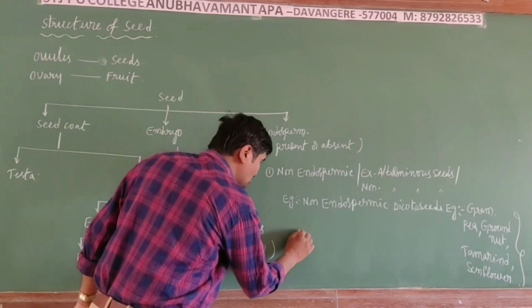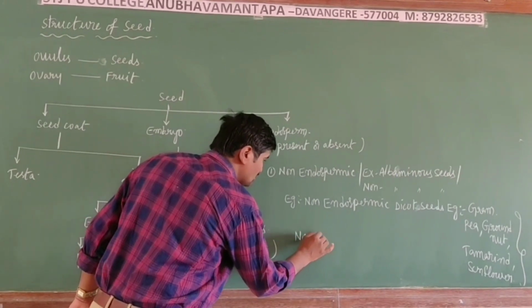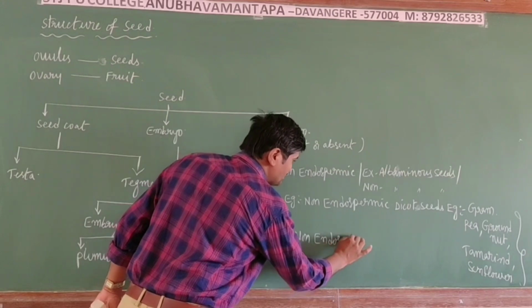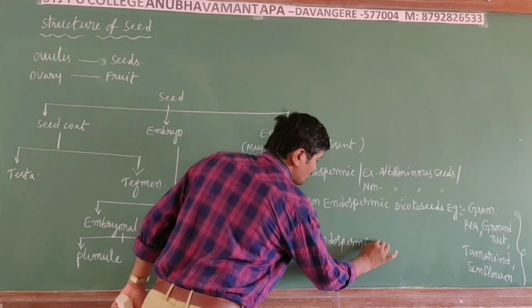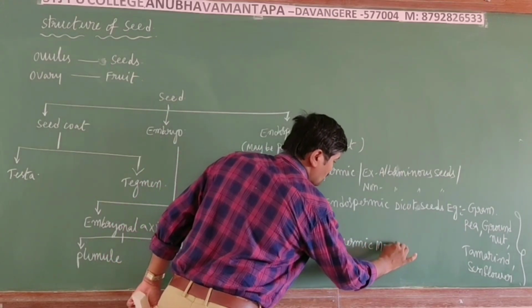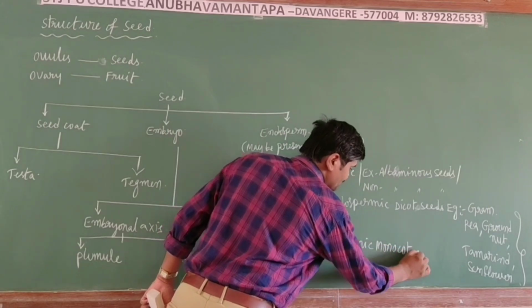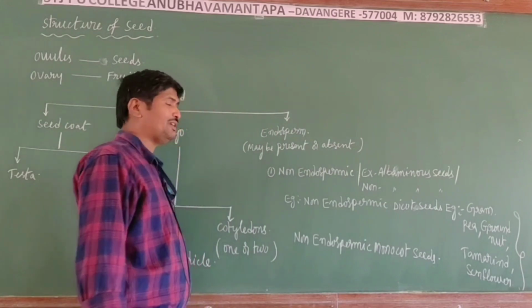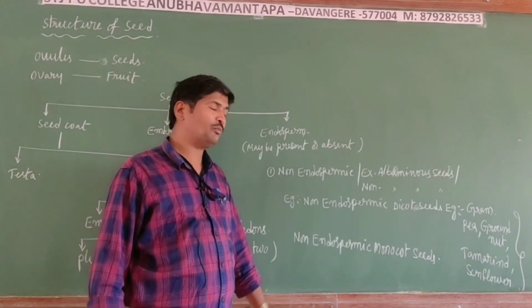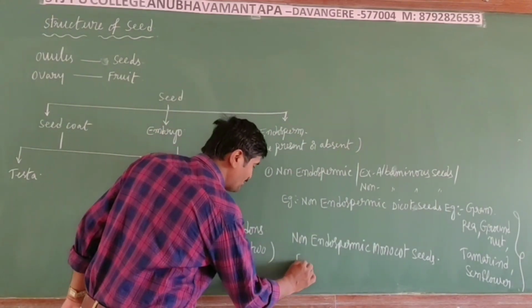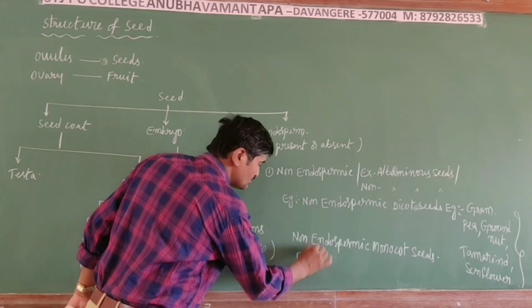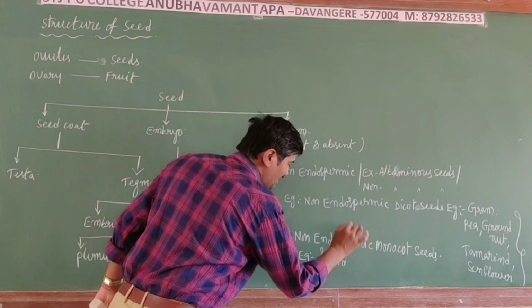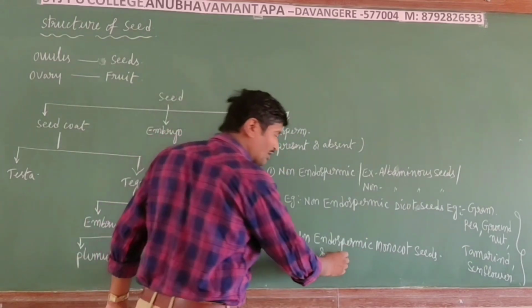Next one, the non-endospermic monocot seeds. What are the examples here? Example, orchid. It is a monocotyledon family, Orchidaceae.